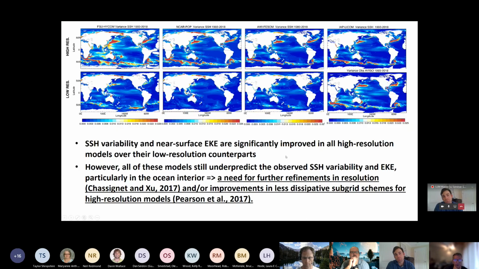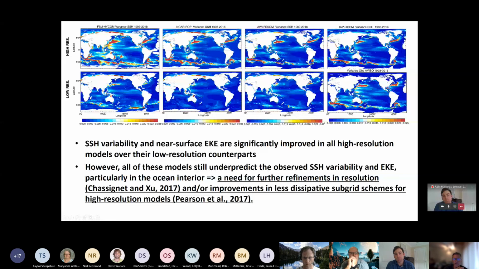The other aspect is that the bottom three left are, of course, resolution, sea surface height variability, and without eddies, there is very low sea surface height variability compared to the observations that are on the right here. As soon as you increase resolution, you start to have a much better agreement with the observations.